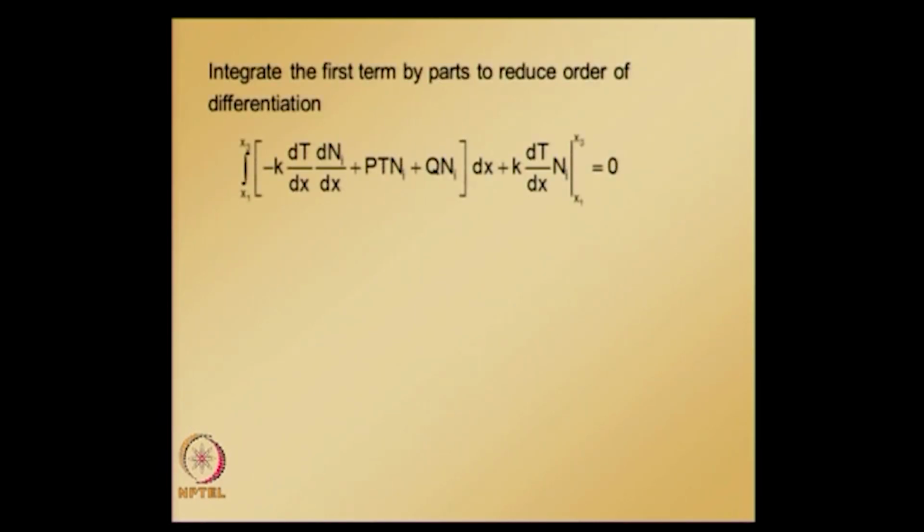We get this. We have seen this kind of procedure earlier when we were solving problems using Galerkin criteria, so the same procedure can be adopted to do this integration by parts.